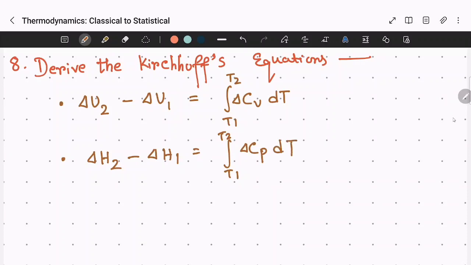These two are the Kirchhoff equation. This equation we have to derive again here. Okay. So here it's trivial to understand why U is related to CV and why del H, enthalpy, is related to CP, because as far as we know, CV is related to internal energy, and CP is always related to our enthalpy change. Okay, so let me derive this.